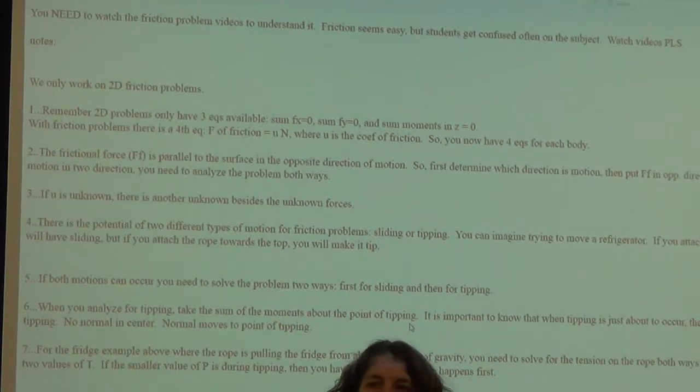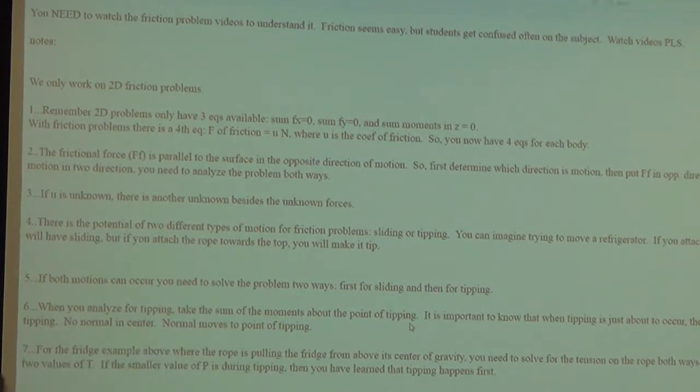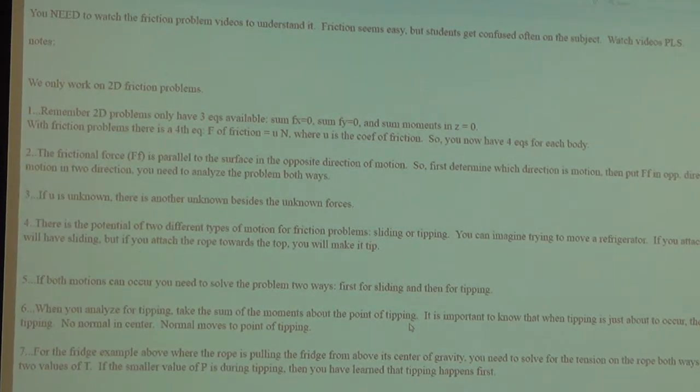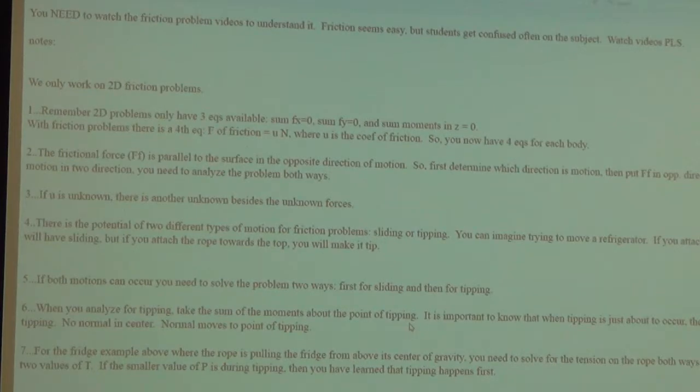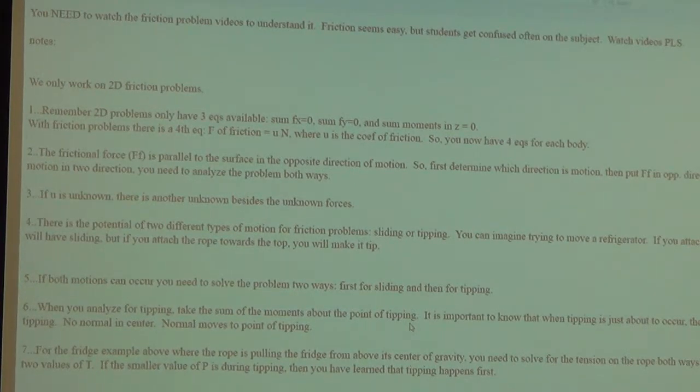If I'm doing the sum of the moments about where it tips, can I solve for the normal? No. Why not? Because the normal is right at the point of tipping. Okay? So normally when we have something on the ground, we have this on the surface, we always put the normal in the middle.